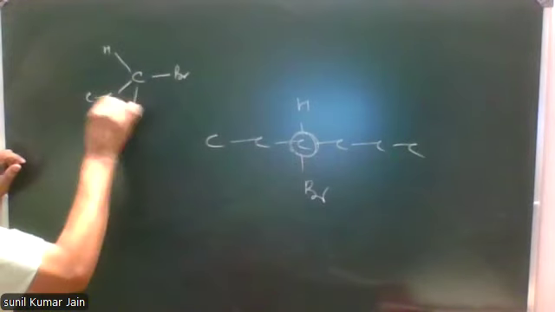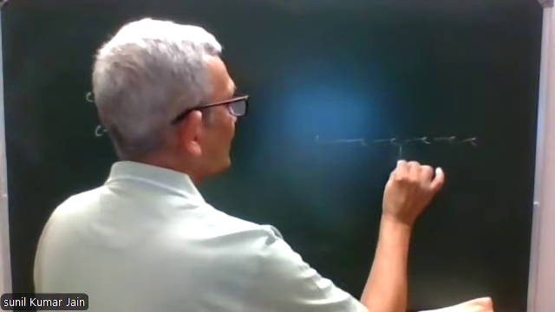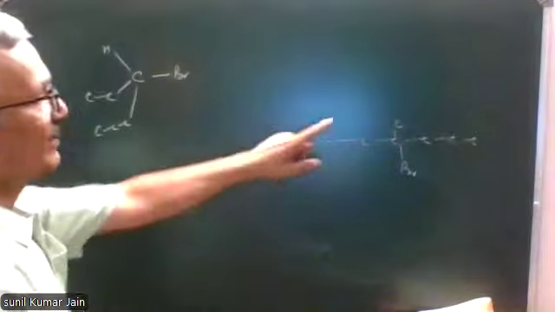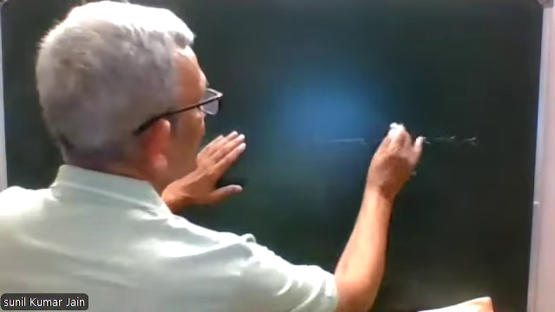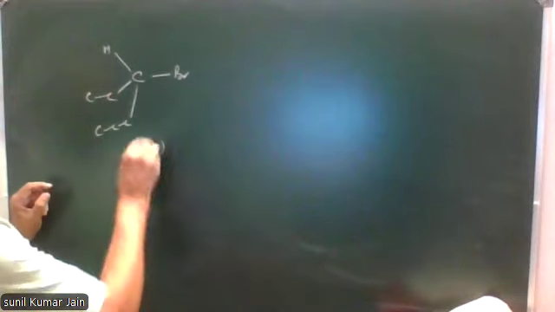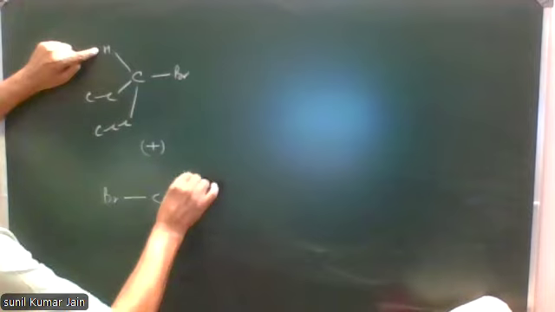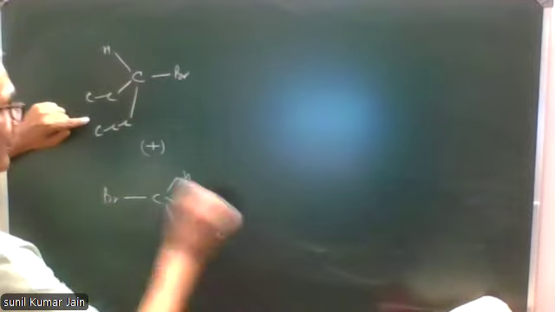Hydrogen, ethyl, and propyl. Sorry. Hydrogen, ethyl, propyl. It's okay. If we consider dextro and levorotatory 3-bromo-3-methyl hexane, let us say this is dextrorotatory, it means the levorotatory one will be this: H, ethyl, propyl.